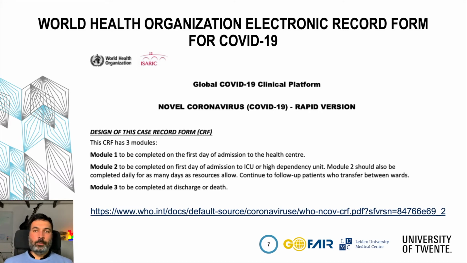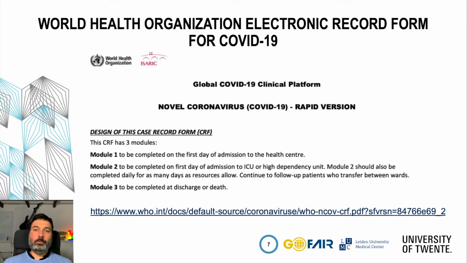The other module can be filled multiple times daily or in whatever frequency the care providing facility has resources for, and these follow-up forms are used to provide information about the updates of the conditions of the patient during the hospitalization time.